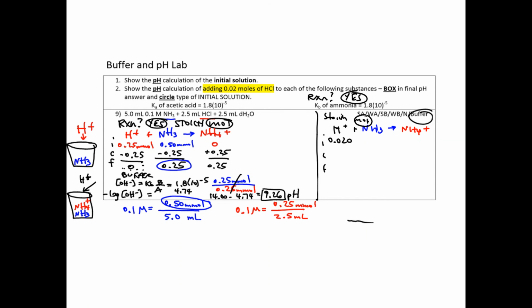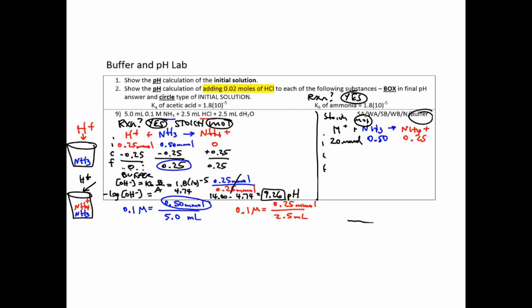Some of you might not like the millimoles, but it's a little practice. You might see it on a test sometime. So 20 millimoles for this. This one is going to be 0.50 millimoles, and the ammonia is going to be 0.25.